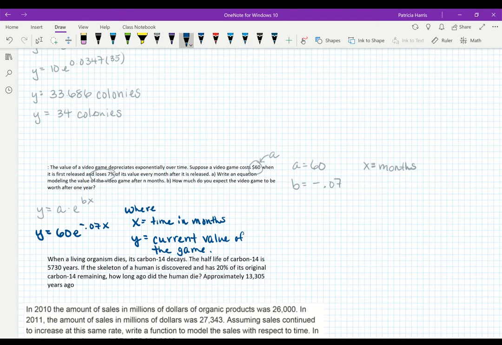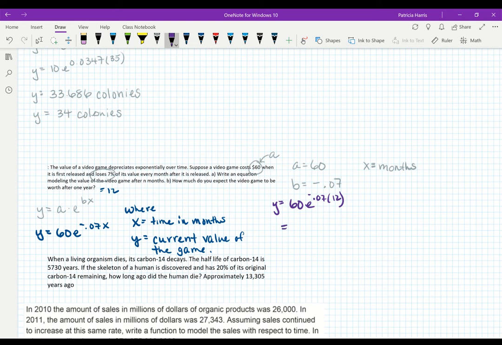Now they want to know how much we would expect the video game to be worth after 1 year. Remember, we're not plugging in 1, we're plugging in the number of months. So our time, or our x, is actually 12. So y is equal to 60 e raised to the negative 0.07 times 12. Again, we're going to get our calculator out.